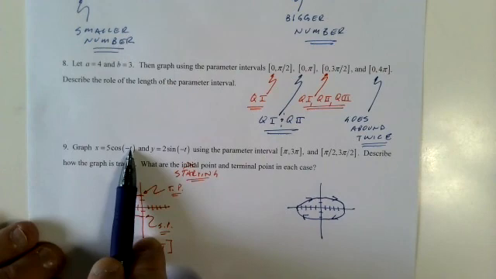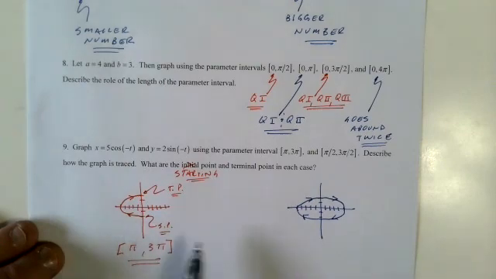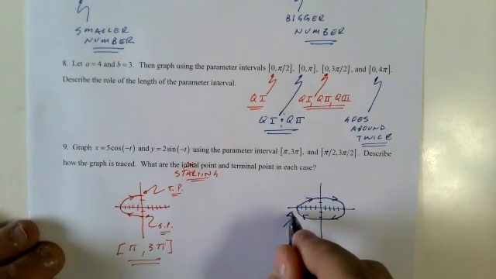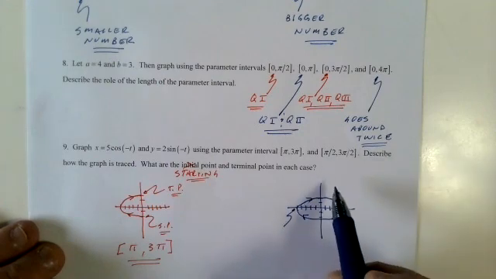Since we have negative, well, I think things would go backwards, wouldn't they? Yeah, they are going backwards. I was nervous that I messed something up there. So they are going backwards. And pi over 2 would actually start over here. And 3 pi over 2 would actually end over here. That doesn't seem right.